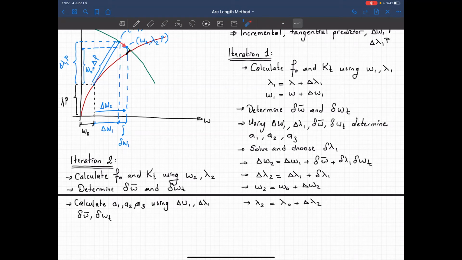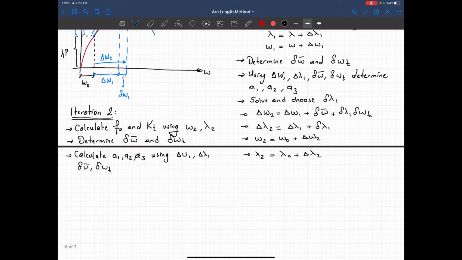Remember that I didn't use these two in this calculation because I know that these two will give me delta L. So that's why I'm calculating A1, A2, A3 by using these two parameters and the new iterative displacements. And then it's the same approach. Solve and choose lambda 1 and continue this way.